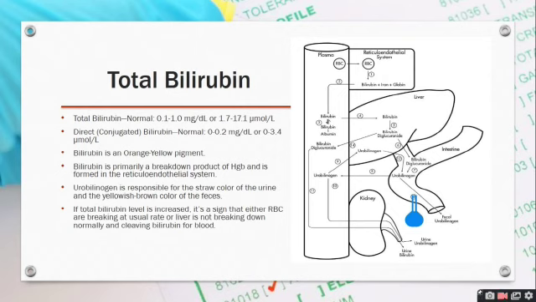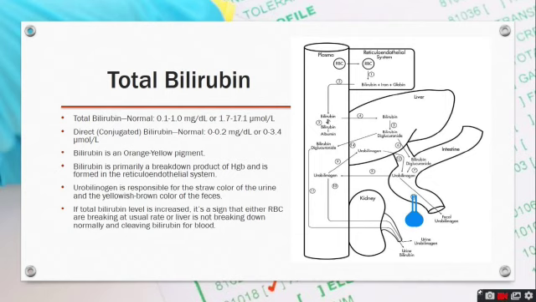If it is total bilirubin, then the normal level is 0.1 to 1.0 milligram per deciliter or 1.7 to 17.1 micromole per liter, and for the conjugated one, the normal level is 0 to 0.2 milligram per deciliter or 0 to 3.4 micromole per liter. Now the bilirubin color is orange yellow, meaning it is an orange yellow pigment.